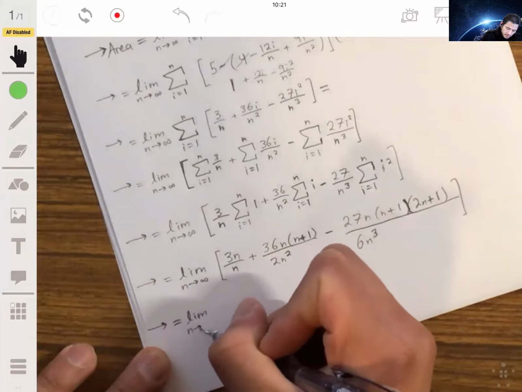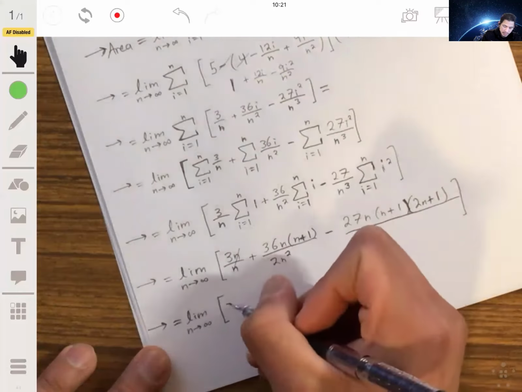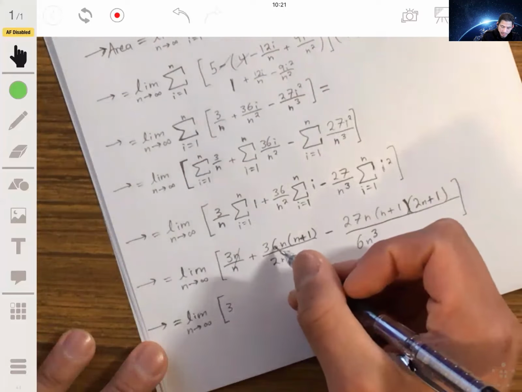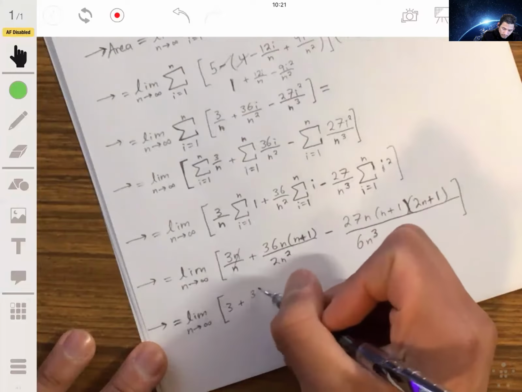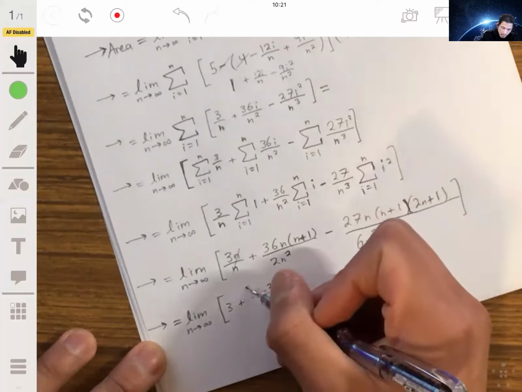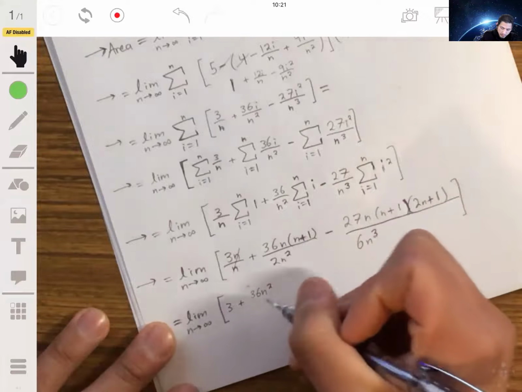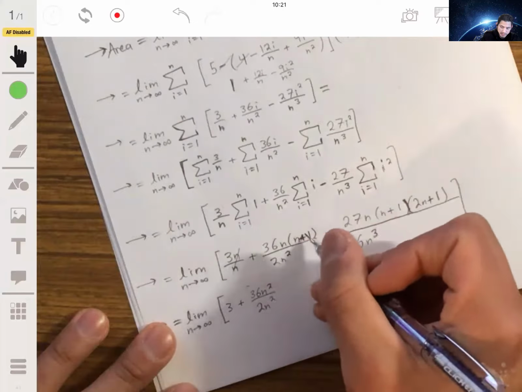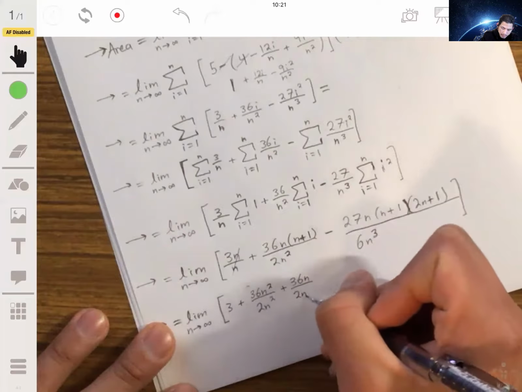So this is the fun part, or the funner part. So that'll be just a 3. Here we'll have 36n squared over 2n. I like breaking it up now. So 36n squared all over 2n.